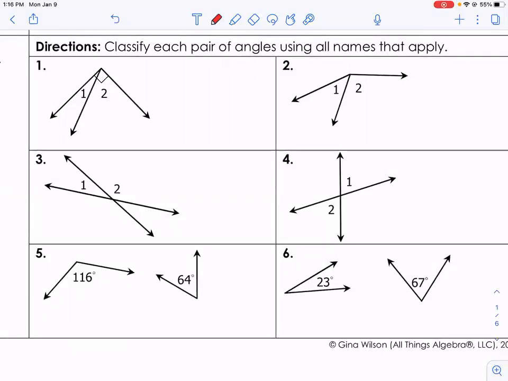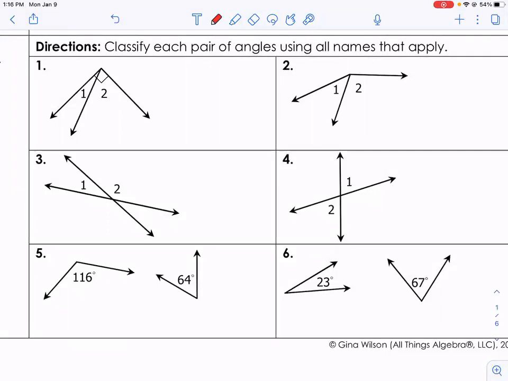The first one is, well, actually, that's a good idea. Wonder what else is facing me? Because if it is, I think this one's something. Yeah, it is. Number 3 is vertical and supplementary, right? Okay. Yeah. Oh, okay. This one I think is adjacent.